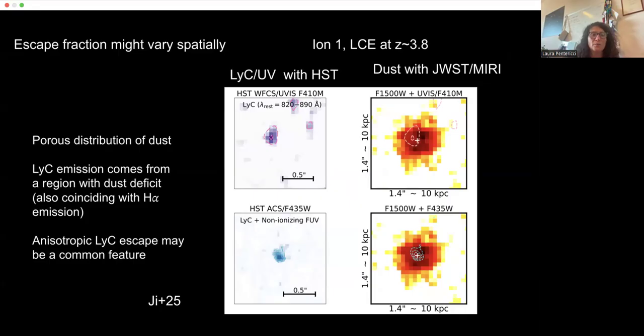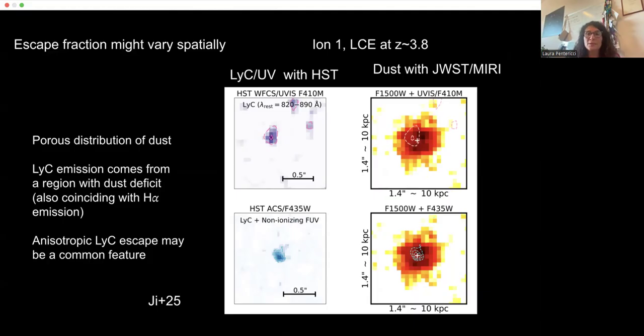So there is also an anisotropic Lyman continuum escape, which could be a common feature. And in this recent work, for example, Xi and collaborators showed that Lyman continuum could come from regions that do not completely coincide with the stellar source.